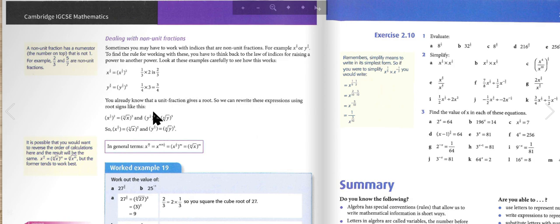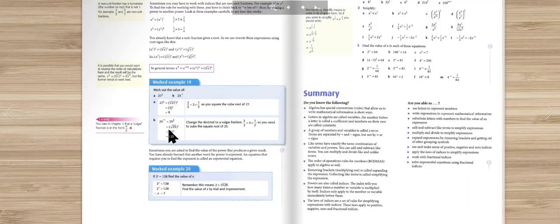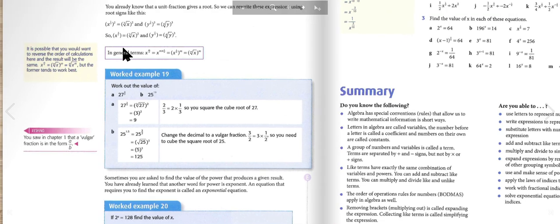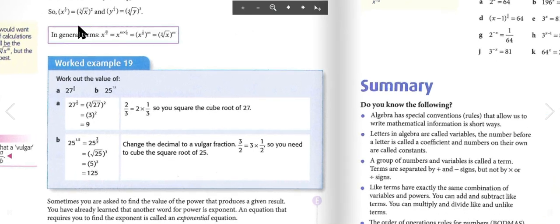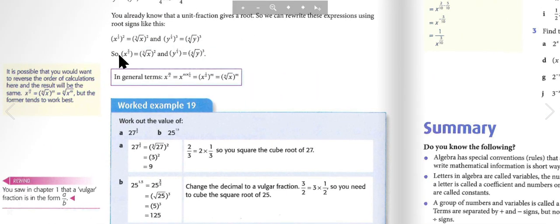x to the power of 1 over 3, squared, equals the cube root of x squared, and y to the power of a fourth, cubed, equals the fourth root of y cubed. So x to the power of 2/3 equals the cube root of x squared.